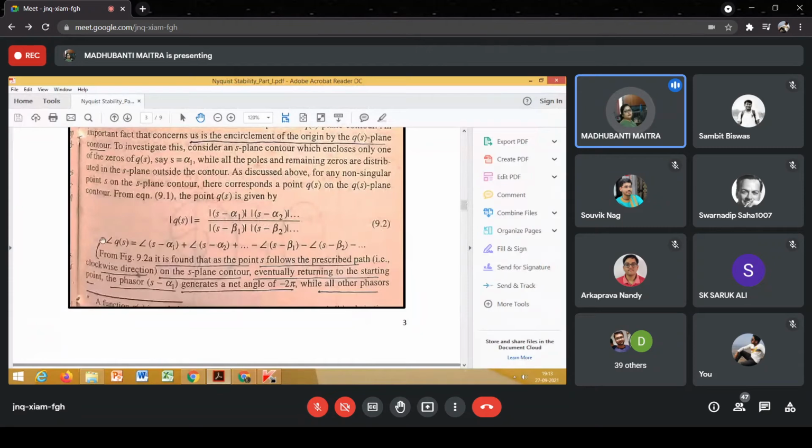So we are trying to find now delta angle QS, the net change in angle. We have seen that delta angle QS will be equal to delta angle of S minus alpha 1 plus delta angle of S minus alpha 2 plus and so on, minus delta angle of S minus beta 1 minus delta angle of S minus beta 2. Do you want to write down this equation? Will that help?